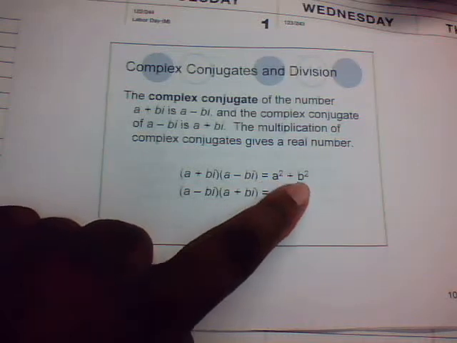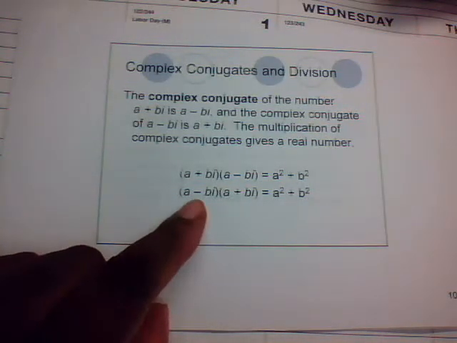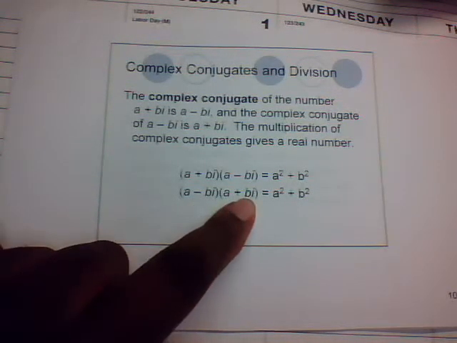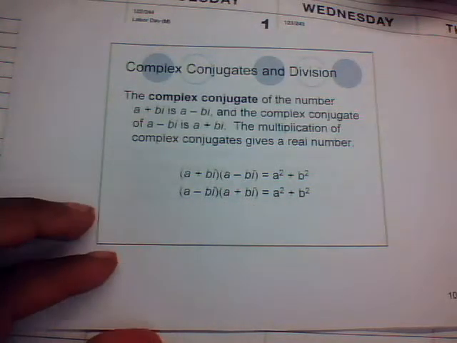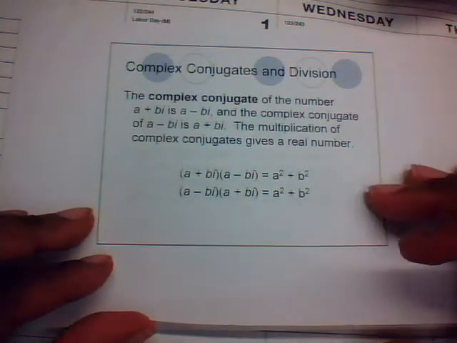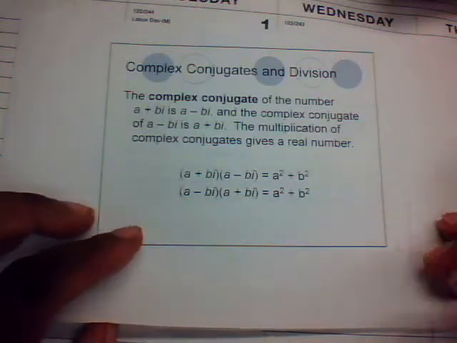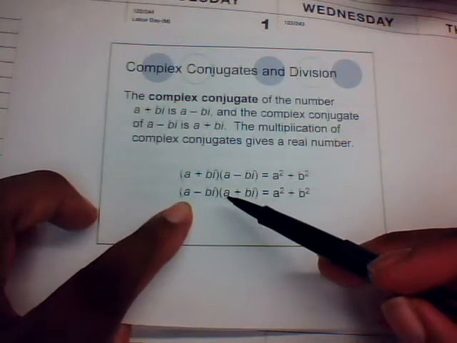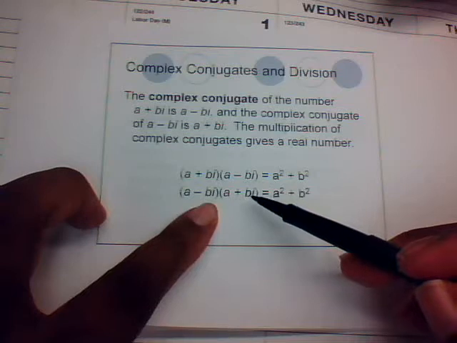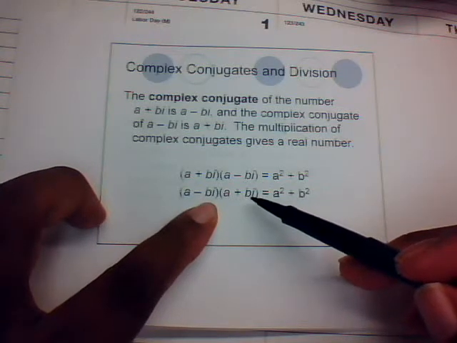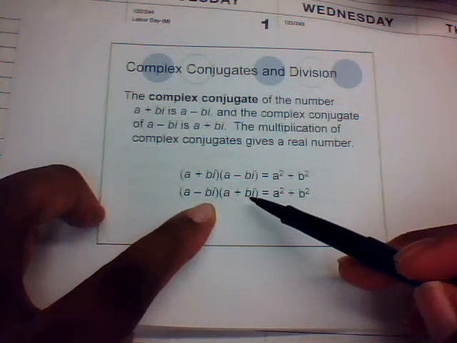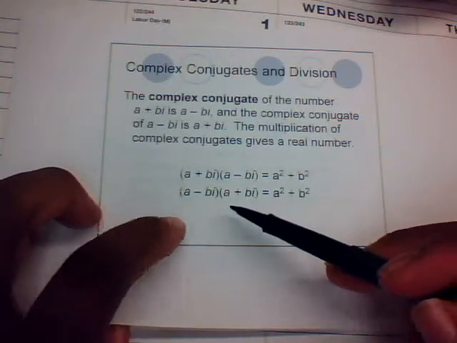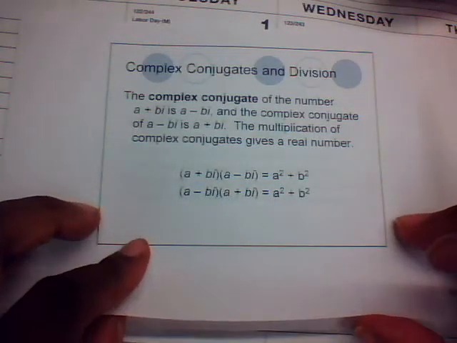So you'll get a squared plus b squared. And similarly, a minus bi times a plus bi will also give you a squared plus b squared. So simply, it's always going to be the square of the first term plus the square of the last term. Okay? Because this is like the sum and the difference of the same complex numbers.